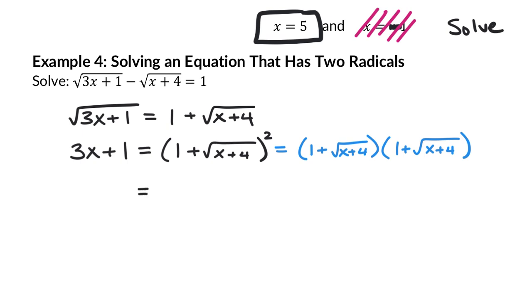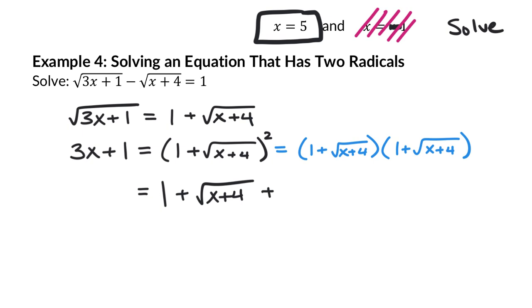If we're following the FOIL for the blue stuff, what is 1 times 1? Boom. 1. Then we FOIL. What are the outsides? 1 times square root of x plus 4 is 1 square root of x plus 4. That's first, that's outer.